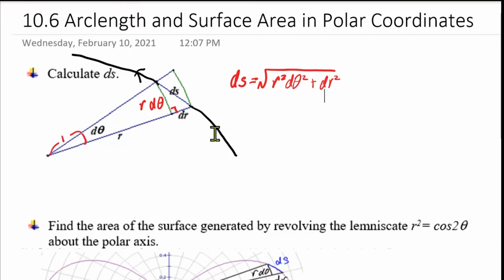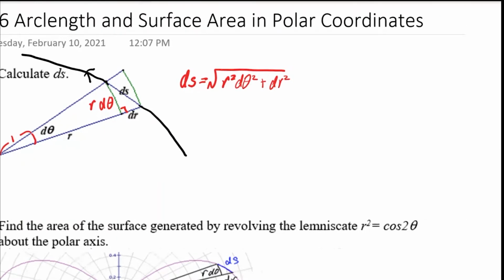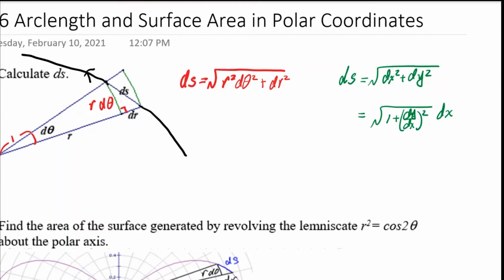Okay, so didn't I tell you there are 4 different variations of ds? Let's quickly review those. Let's bring those back. So in Cartesian coordinate, remember Pythagorean theorem, dx squared plus dy squared, right? And depending on what you need, you can factor dx out, then this becomes 1 plus dy over dx, quantity squared. Or you can factor dy out, then this becomes dx over dy, quantity squared plus 1.